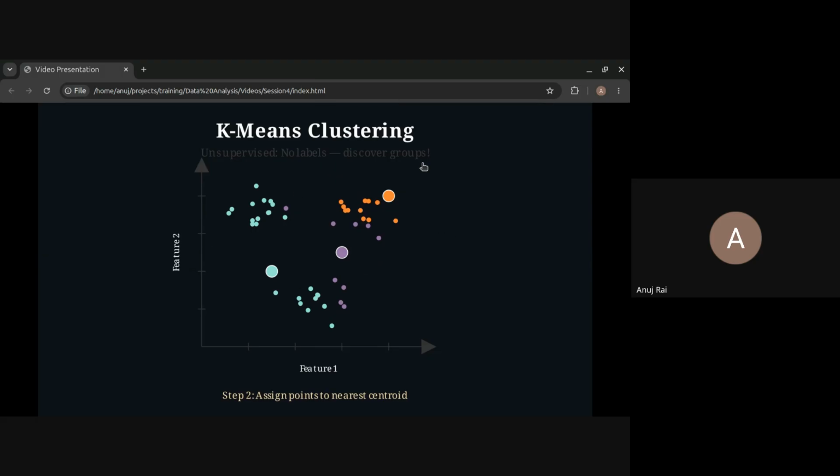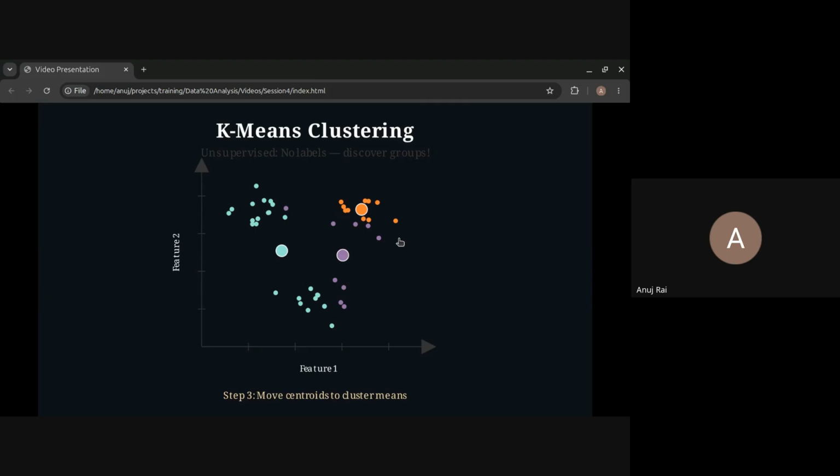The center of the cluster defines the overall mean of the cluster, and you can use that to determine which group future data points will belong to.